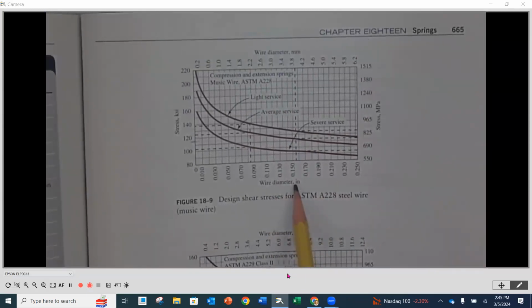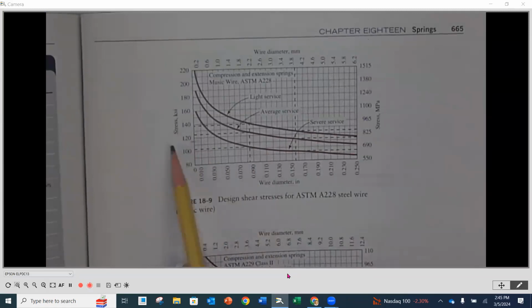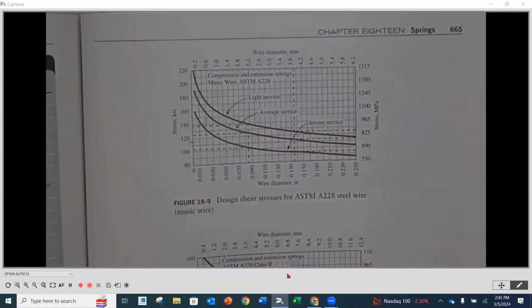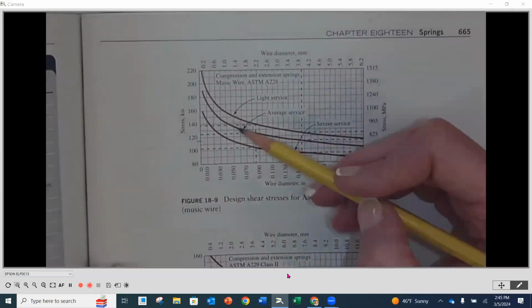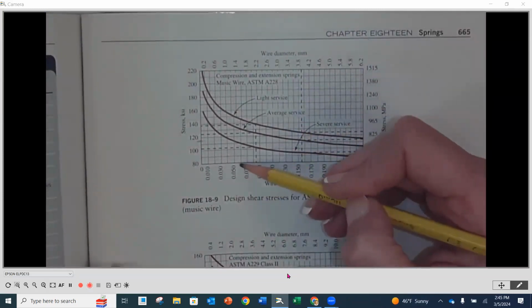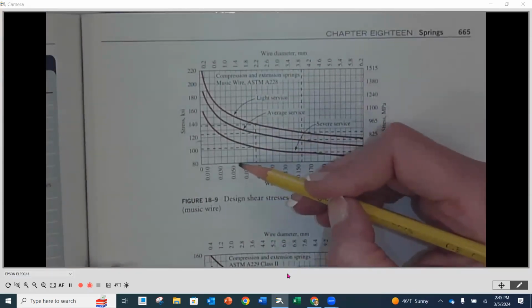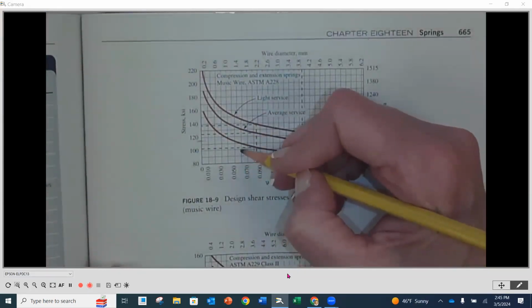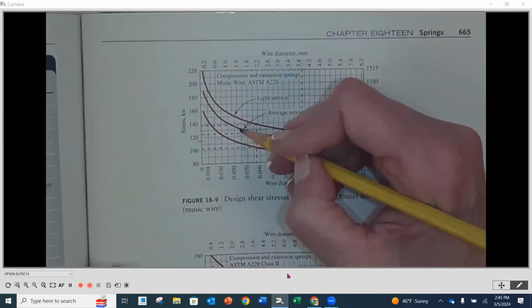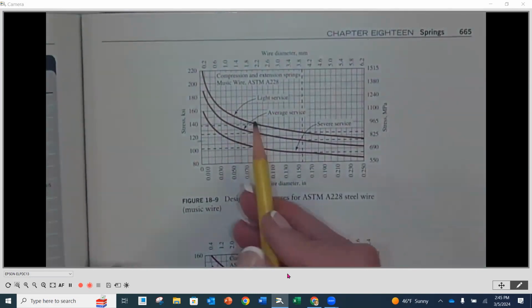So now we want to find our wire diameter, 0.059, and we're going to go up to the average service line and then over to the left to find the design stress, the allowable stress. So 0.059, 0.05 or 0.06. It's really darn close. So I'm going to go up the 0.06 line just slightly to the left, and it actually crosses right here.